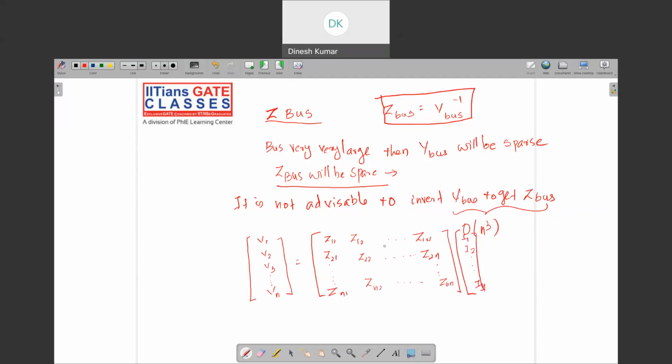So this is basically the equation for ZBus systems.